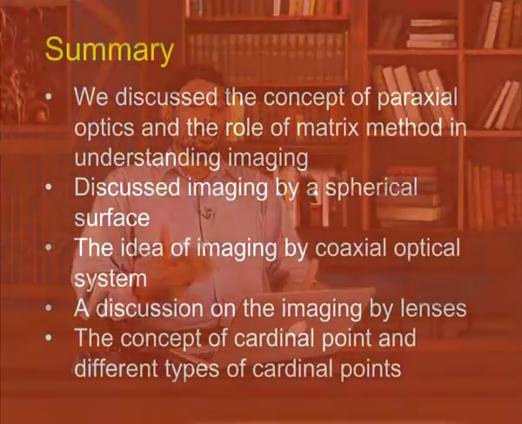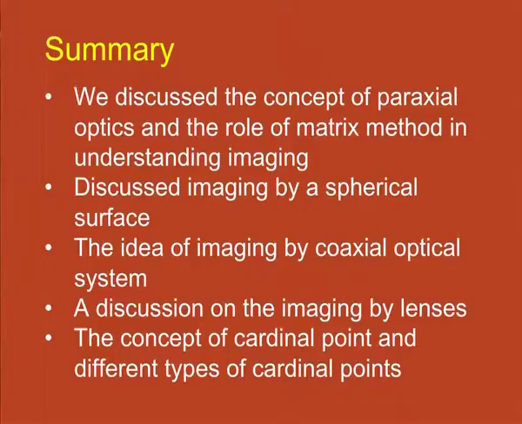So, viewers, whatever we discussed today can be summarized by the following few points. We discussed the concept of paraxial optics and the role of the matrix method in understanding imaging.